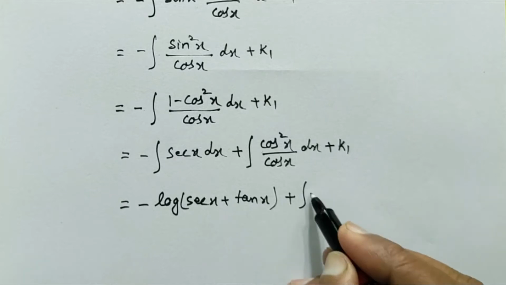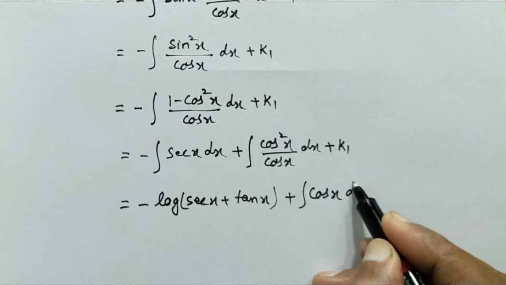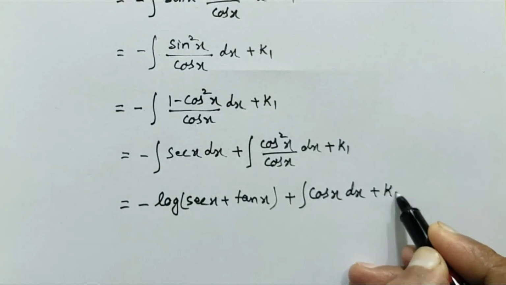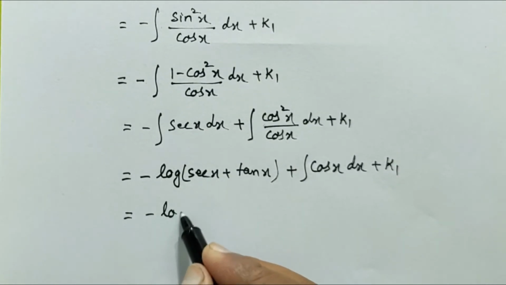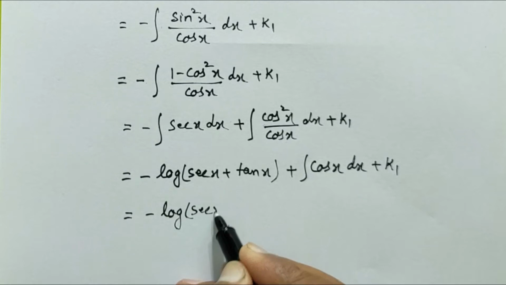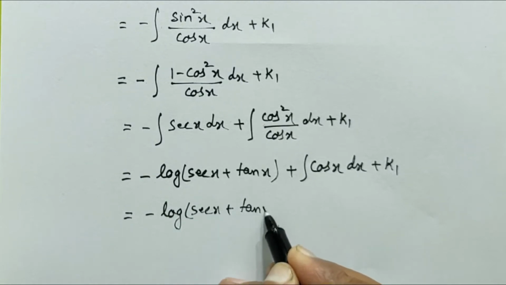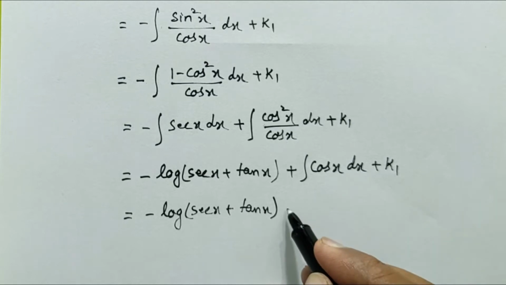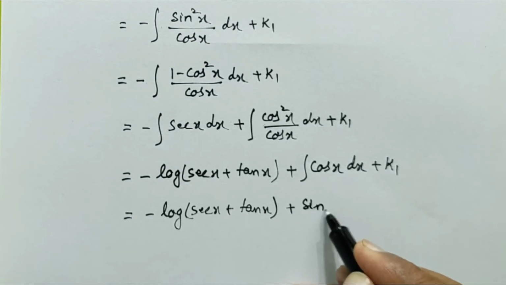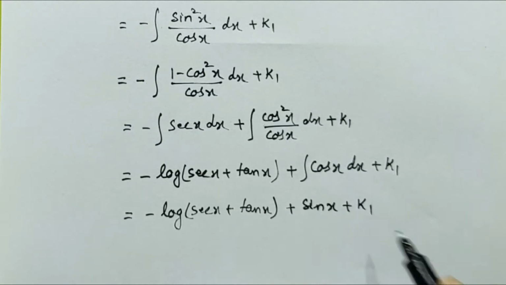You'll just be left with integral of cos of x into dx plus this constant k1. This will be nothing but minus log of secant of x plus tan of x as it is. Then integral of cos of x will be nothing but sine of x plus the constant k1.